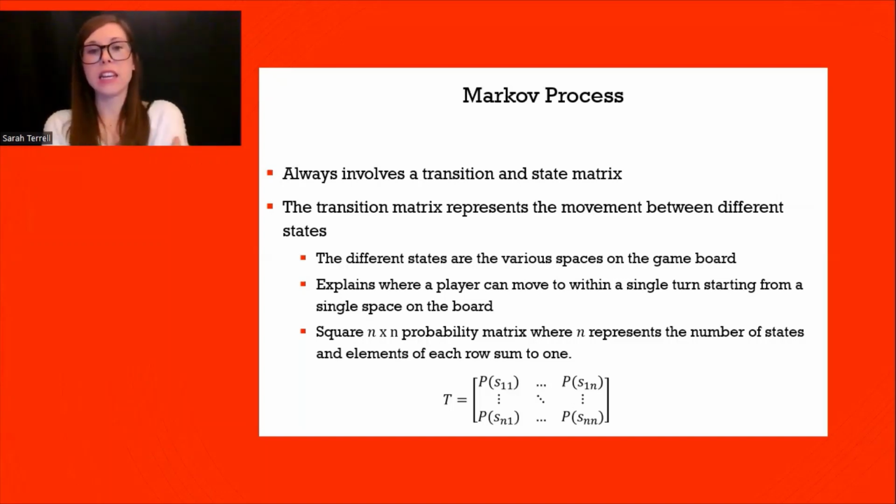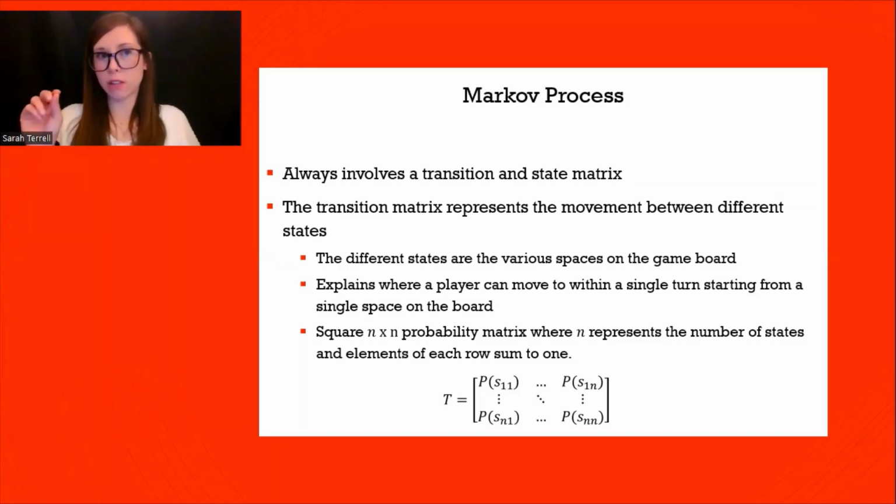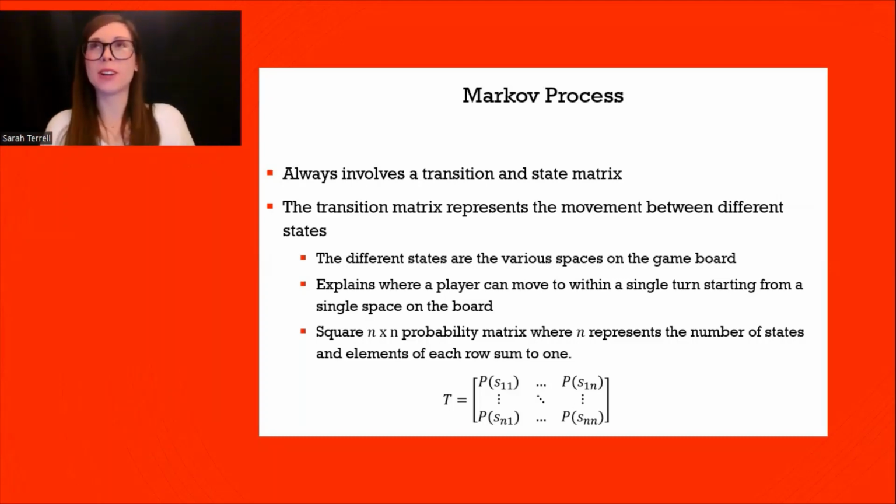Okay, and each row shows you a probability associated with going to any other given space, given that you're starting at a space. So for instance, if I'm starting at Go, and I'm looking at the row for Go, that's going to show me all of the different spaces on the game board I can move to, given that I started at Go.